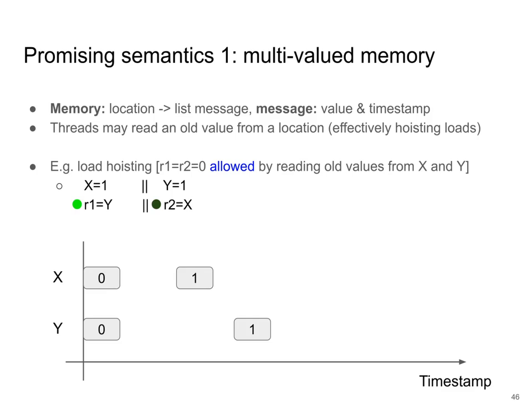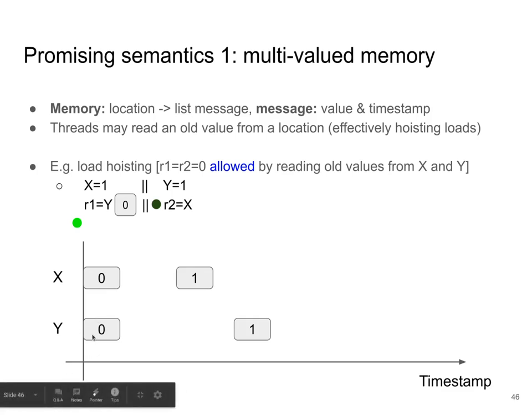We wrote 1 to both x and y and appended a message to each location. And now we are going to execute these reading instructions. In the left thread, we are going to read 0 from y. So effectively, we are reading this message instead of the latest message that contains the value 1.